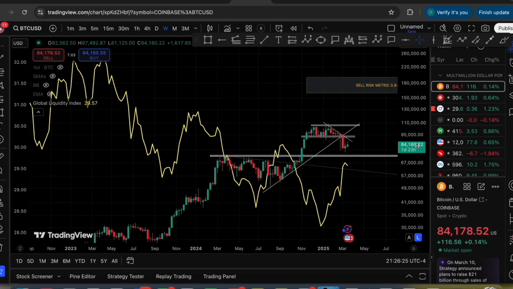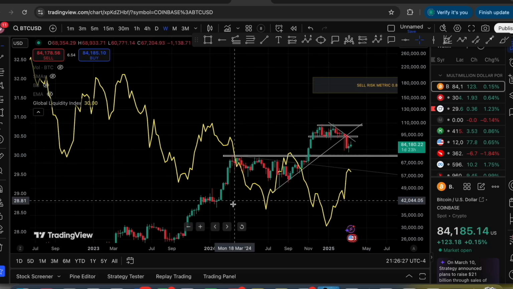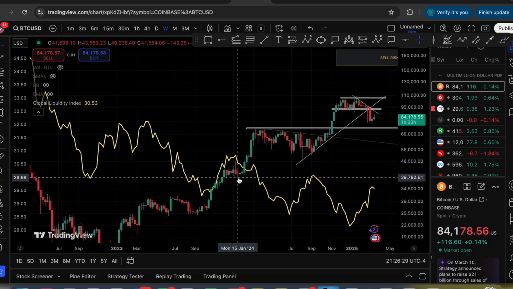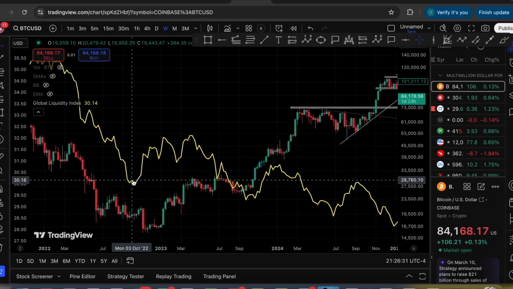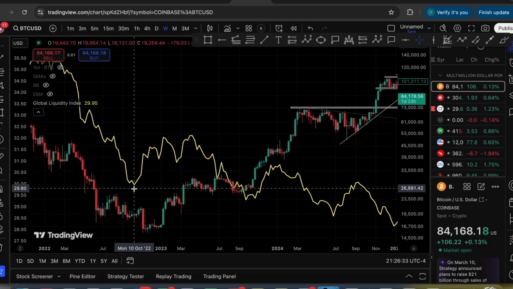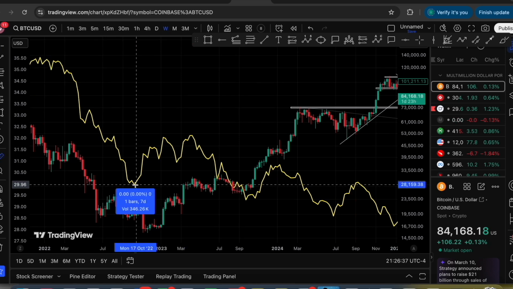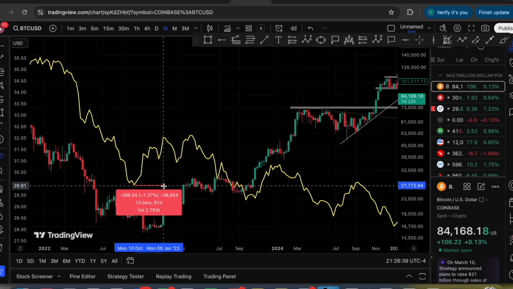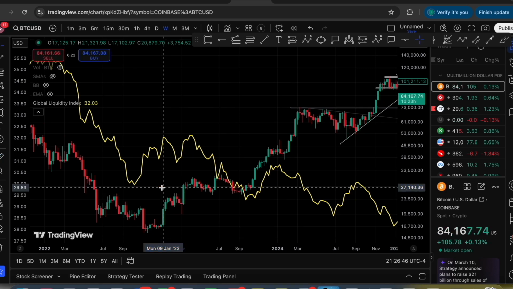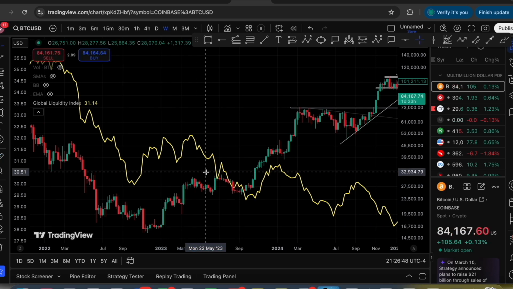And you can see that example happening multiple times throughout. And sometimes they're tied together, but most of the time global liquidity leads. Another example of it leading here, it found its bottom here, and about 80 to 90 days or 12 to 13 bars on the weekly, you see Bitcoin find its bottom and continue up.